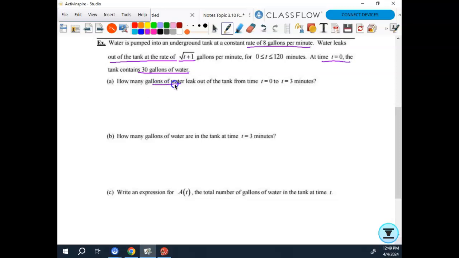It says that water's being pumped in, but this part A doesn't ask me for that, right? It asks me for how many gallons leak out. This is the rate at which it leaks out. So I want to integrate that. If I integrate gallons per minute, I get gallons. So from 0 to 3, the integral of the square root of t plus 1 dt.